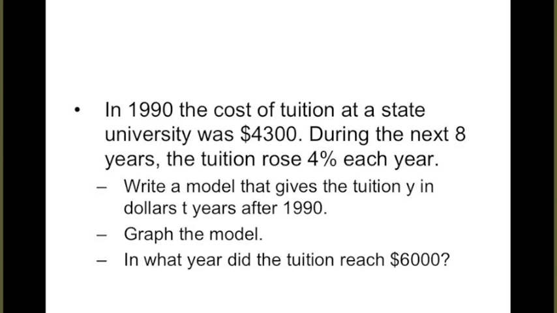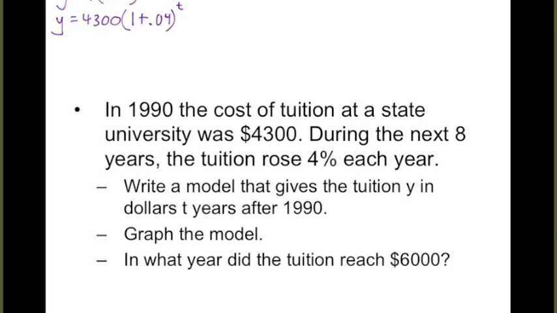So our model is A times 1 plus rate to the power of time. What's A? 4,300. What's our rate? 4%, which we're going to say is 0.04. Always change to a decimal when plugging your rate in.